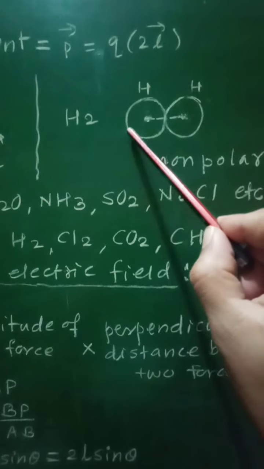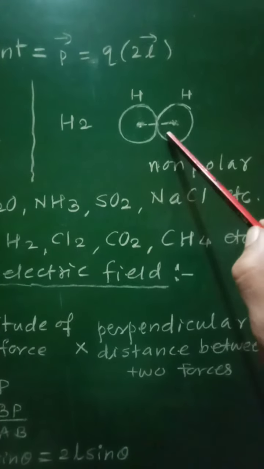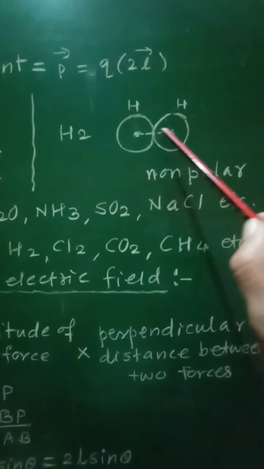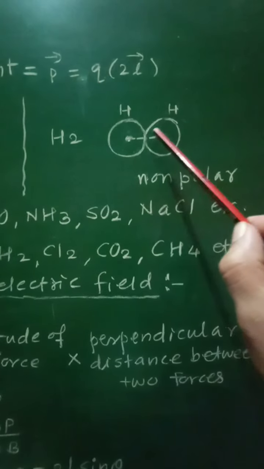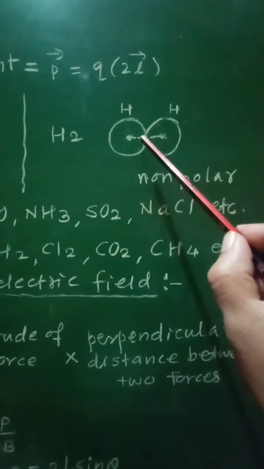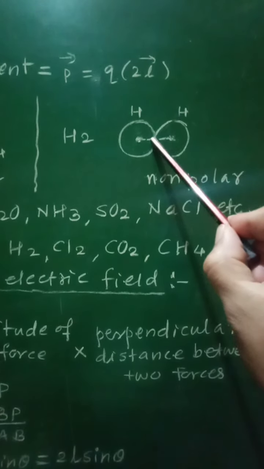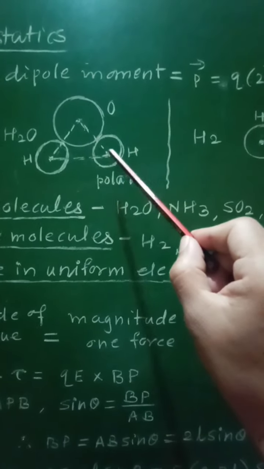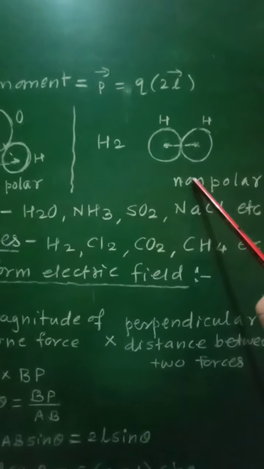So this hydrogen molecule is a non-polar molecule, because these 2 atoms have the same number of positive charges as negative charges, and if we find the centers of the negative and positive charge, they will lie at the same point. In this way, the water molecule will be a polar molecule and the hydrogen molecule will be a non-polar molecule.